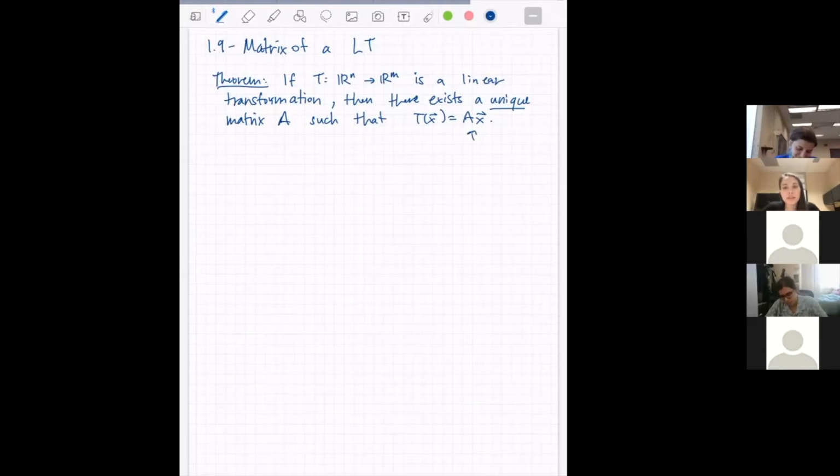And in fact, every linear transformation can be written in this way. So there are no other types of linear transformations.